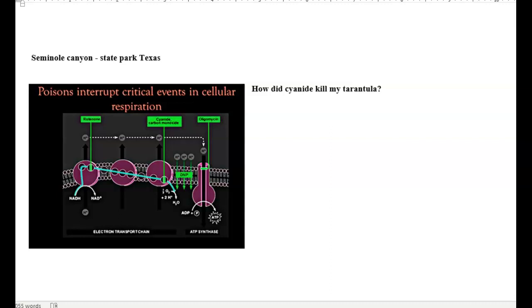I didn't know tarantulas would do that. So we decided that we wanted to catch one. We happened to have a grocery bag with us, so we captured one and put it into a grocery bag, and then we put it in a cooler. We got back to the car, brought it back to the school, and called up my mom. My mom said, "No, you can't have a tarantula."